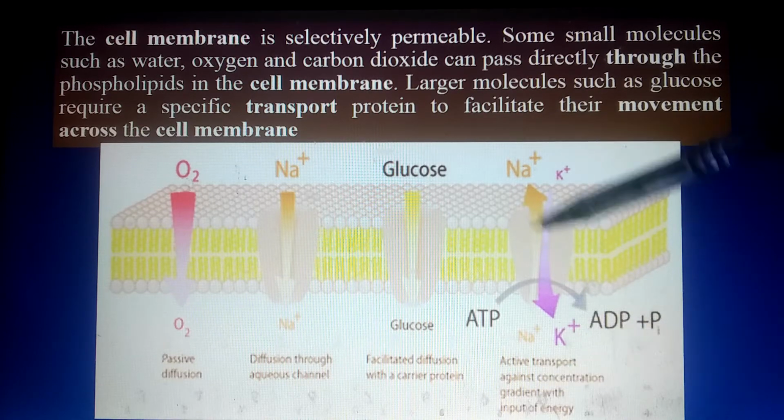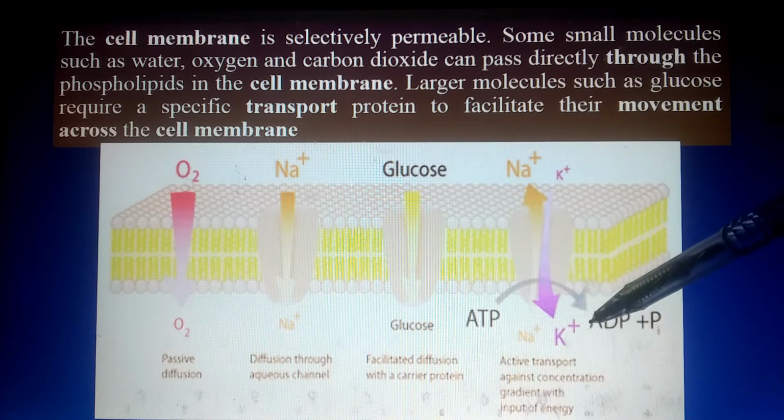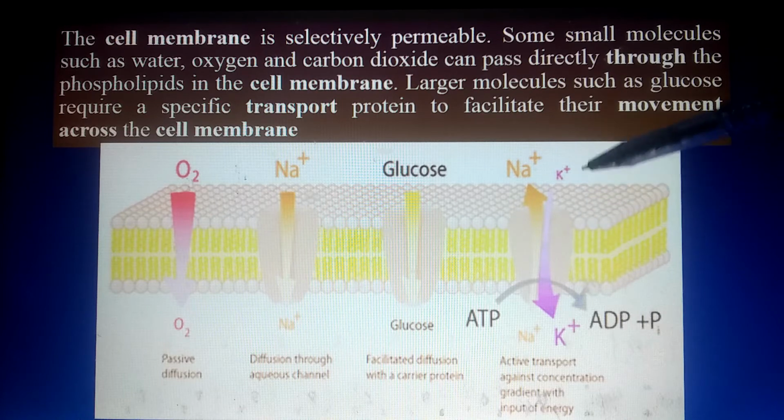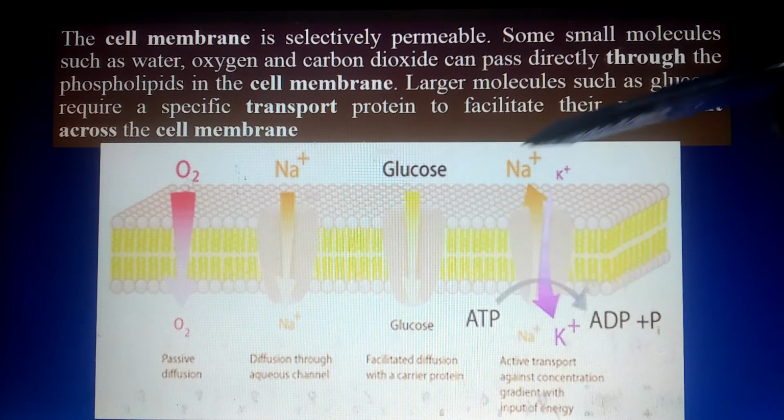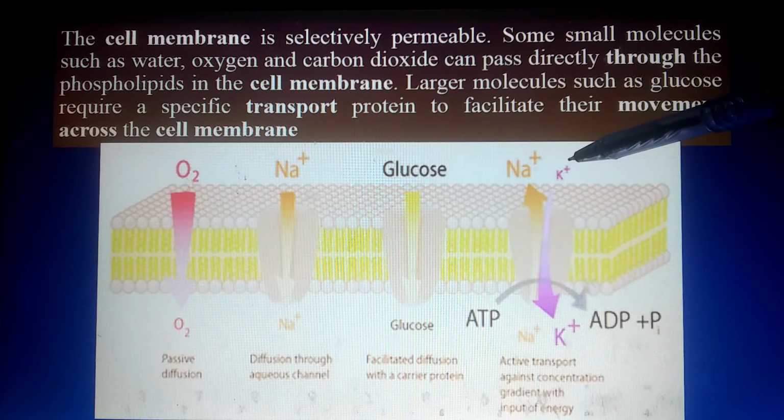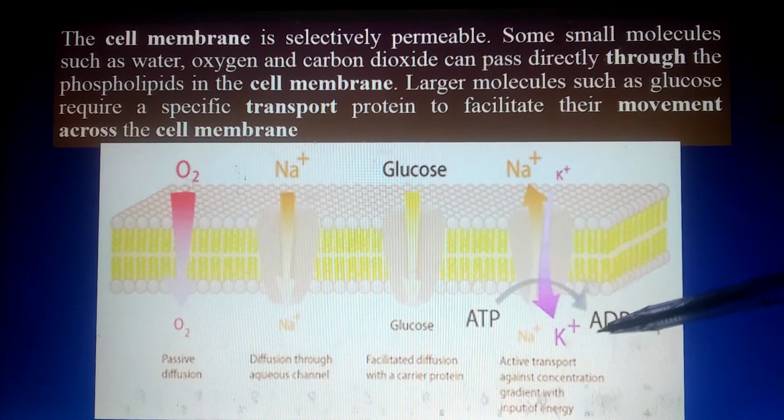Suppose the sodium ion concentration is greater outside of the cell and lower inside of the cell.